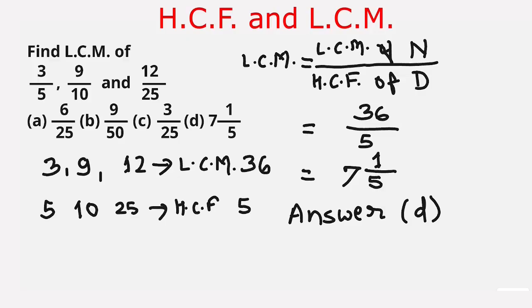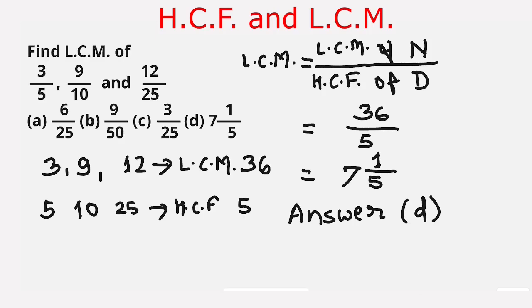This simply means that LCM is a larger number than H.C.F, and in all the options we see that the numerator numbers in option A, B and C are smaller than denominator numbers 25, 50 and 25, and only in option D, 7 times 5 is 35 plus 1 is 36, the numerator is larger than denominator. It means that the only possible answer is option D. This way we could have solved it even without solving all these steps.